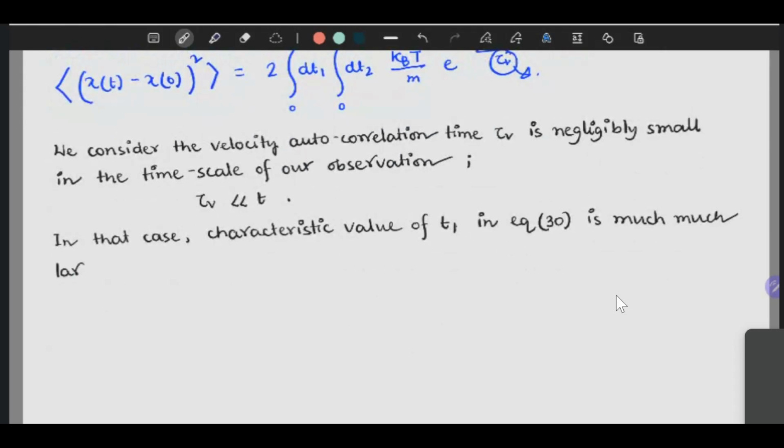Therefore, you can easily approximate this integral.